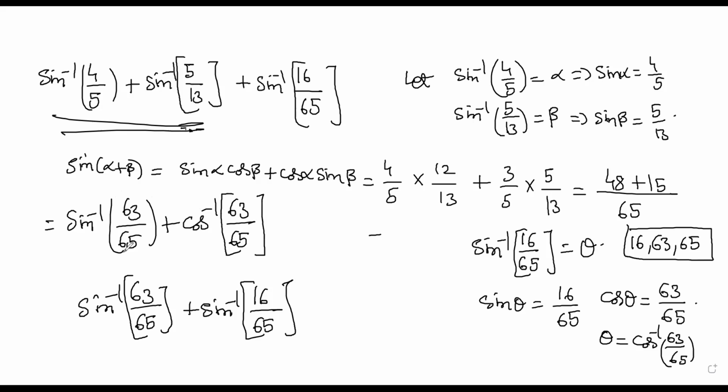So the expression is sine inverse of 63 by 65 plus cos inverse of 63 by 65. I know very well that sine inverse x plus cos inverse x is pi by 2. It's the same x, right? Hence the answer is pi by 2. So this way you can solve.